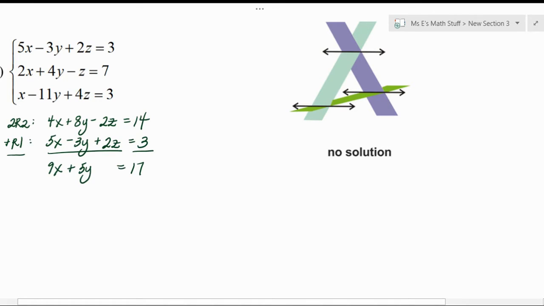Okay. So now I'm going to eliminate z terms again, and I have not involved row 3 yet, so I want to make sure that I do that, okay? So let's see, how about if I multiply row 1 by -2? So we'd have -10x plus 6y minus 4z equals -6, and then let's add it to row 3.